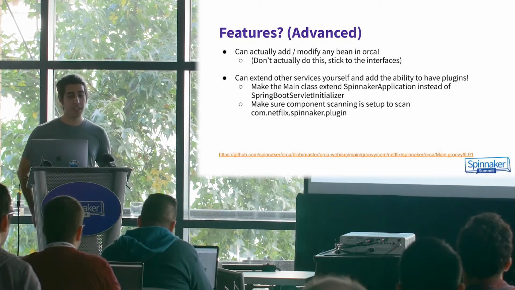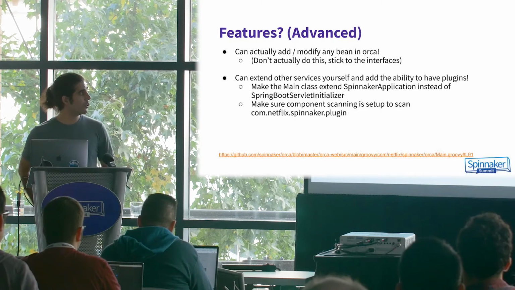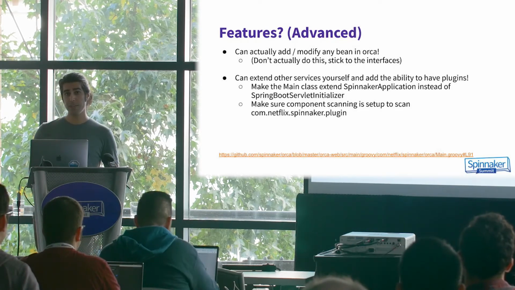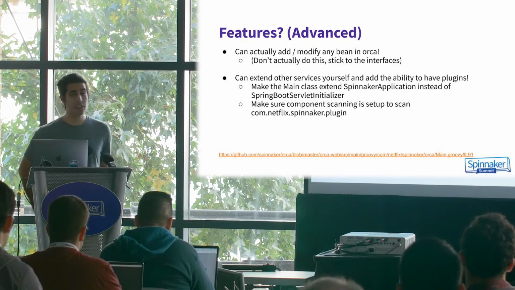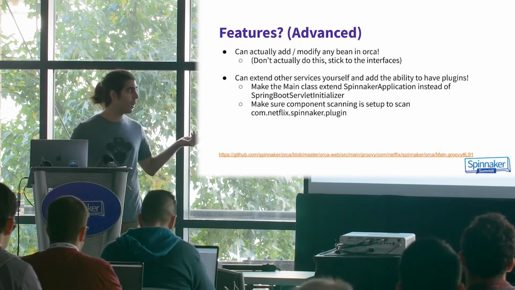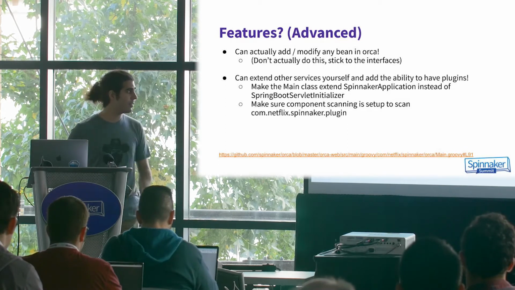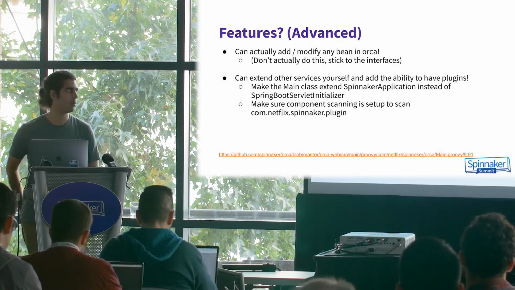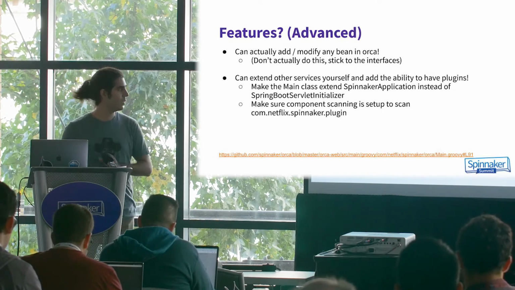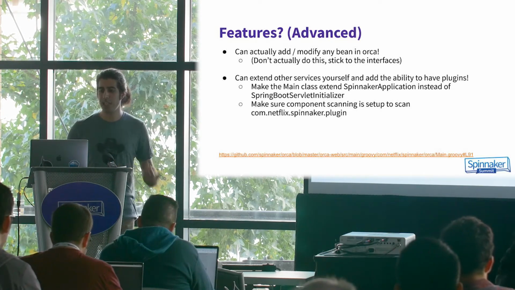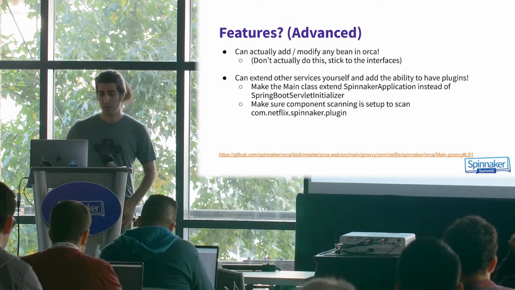If you extend Spinnaker service as well right now, you can have plugins in more Spinnaker services. Essentially, you would have main inherit or extend Spinnaker application instead of Spring Boot Servlet Initializer. And then you have to make sure your component scanning is set up to scan com.netflix.spinnaker.plugin. You can see how this works in Orca, for an example.